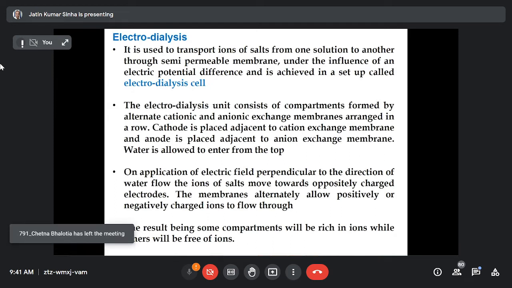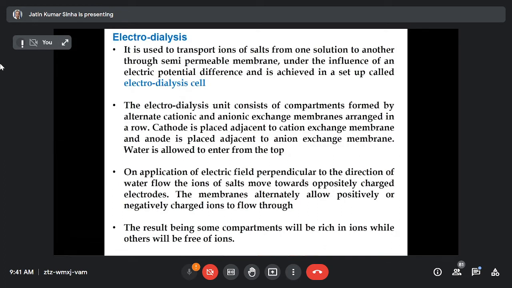So what happens in electrodialysis? It is used to transport ions of salts from one solution to another through a semi-permeable membrane under the influence of an electric potential difference, and is achieved in a setup called an electrodialysis cell. So it's a basic electrochemical setup. You have two electrodes. Then you apply a potential across these two electrodes, and there are different semi-permeable membranes between them.